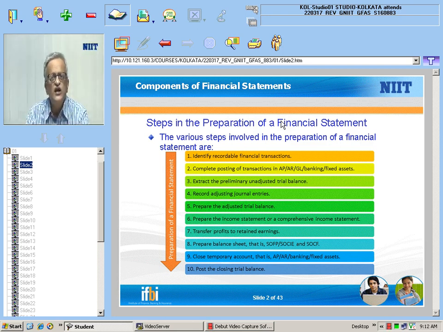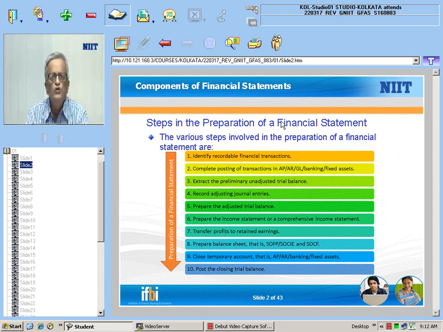SOFP, Statement of Financial Position. SOCIE, Statement of Changes in Equity. And SOCF, Statement of Cash Flow. All these we shall do during the course of this session.